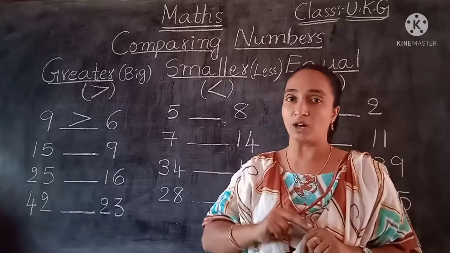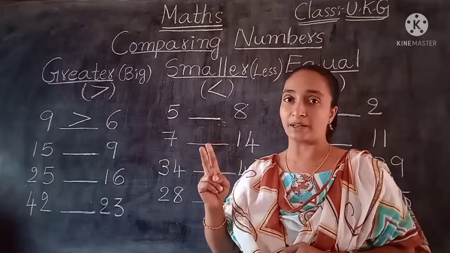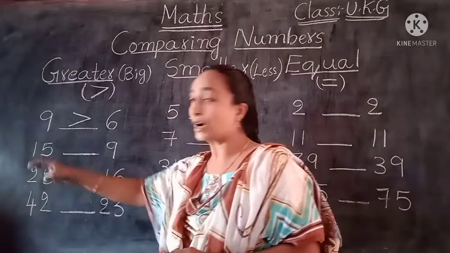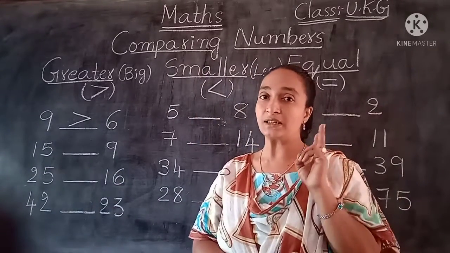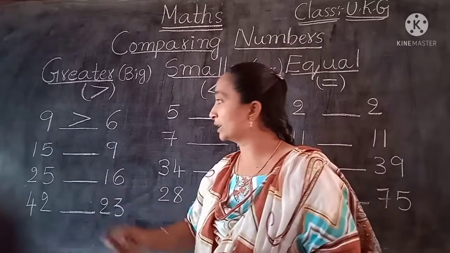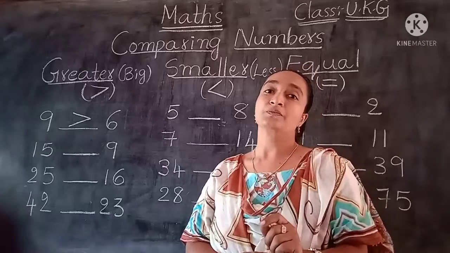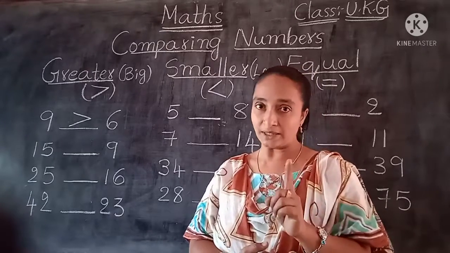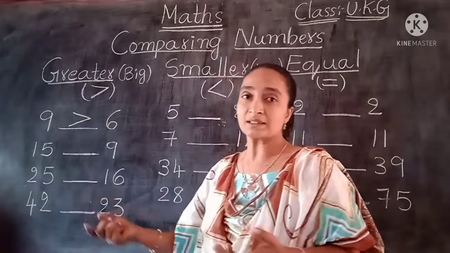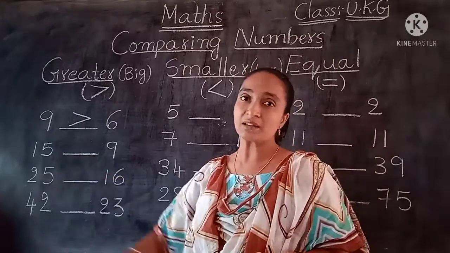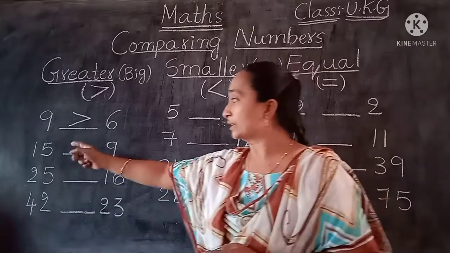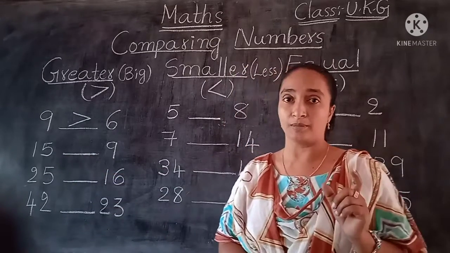Here 15 is a two digit number and 9 is a small, one digit number. So obviously the bigger number is the two digit number, 15.